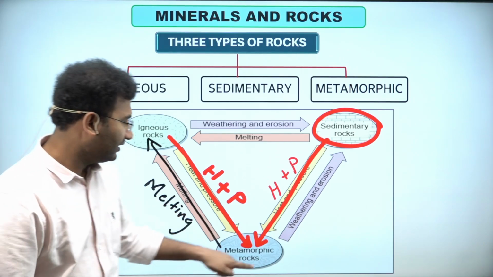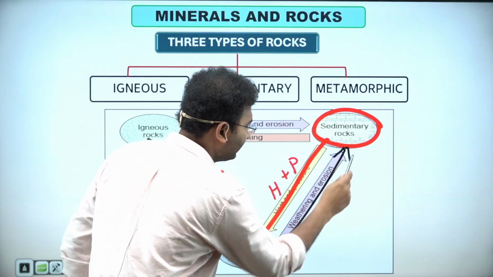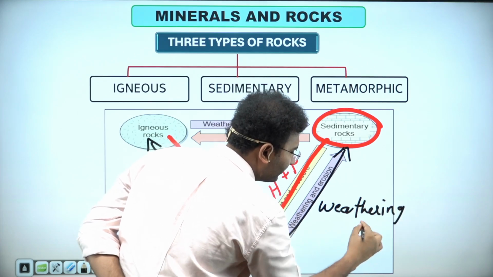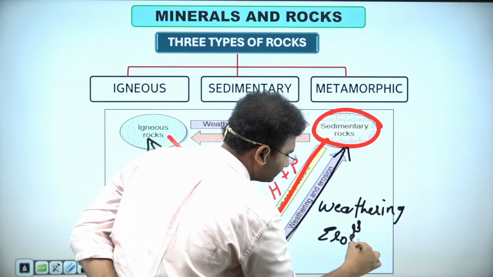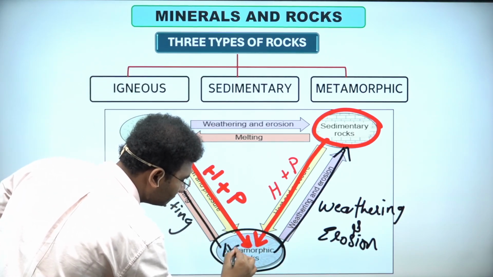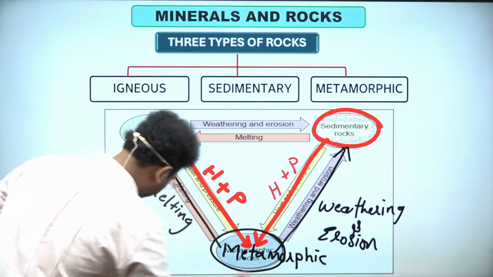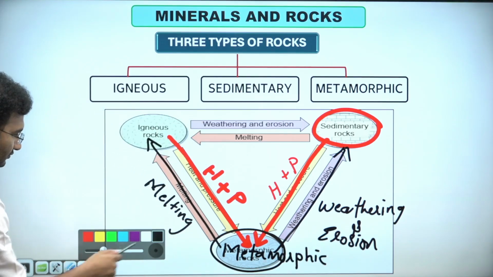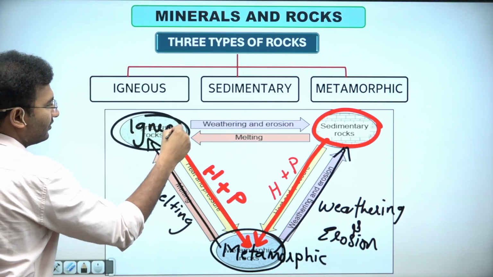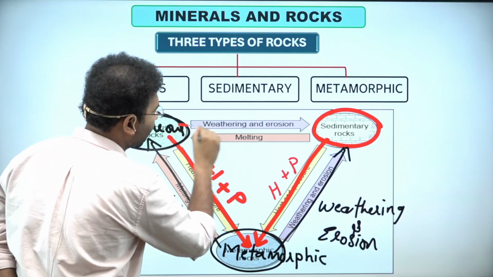Now, can I convert a metamorphic rock into sedimentary rock? Yes, by subjecting it to weathering and erosion. So this is your metamorphic. Now this is your igneous. Now see, can I convert the igneous rock into sedimentary rock?